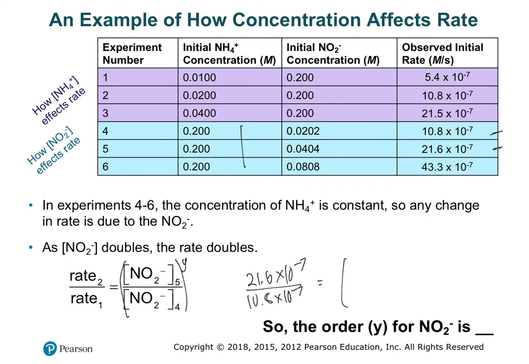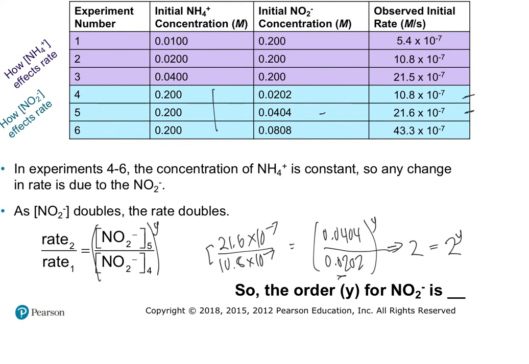That equals nitrite in 5, 0.0404, divided by 4, which is 0.0202, and all of that is to the Y. So here we have the rates doubled. That equals the concentration, 0.04 over 0.02, which is 2, raised to the Y. So the order, or the Y value for nitrite, is also 1.